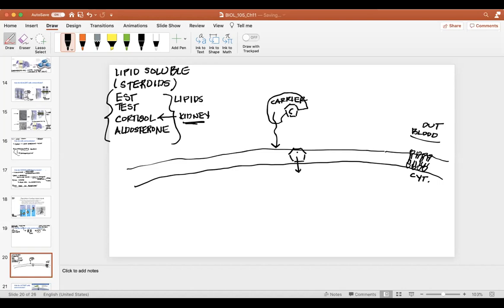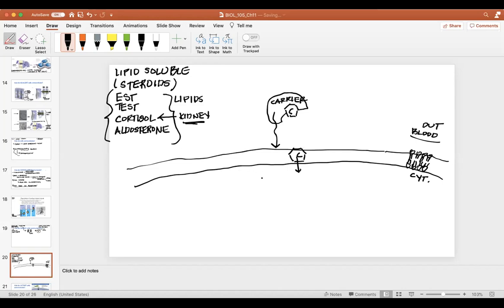the cell membrane, okay? But then once we get inside the cytoplasm, we're in an aquatic environment again. So it turns out that there are proteins inside the cell that are there to receive this cortisol molecule. So if they are proteins there to receive the cortisol molecule, they are receptors.